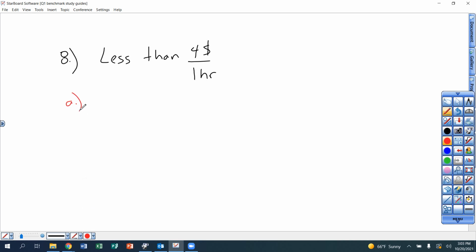So if I look at choice A, $60 in 10 hours. If I divide the top number by the bottom, 60 by 10 hours, that gives me $6 for every 1 hour. That is not less than 4.